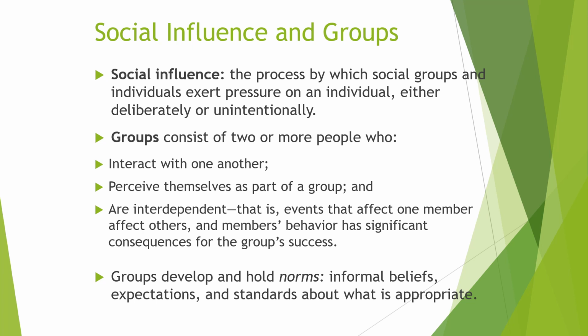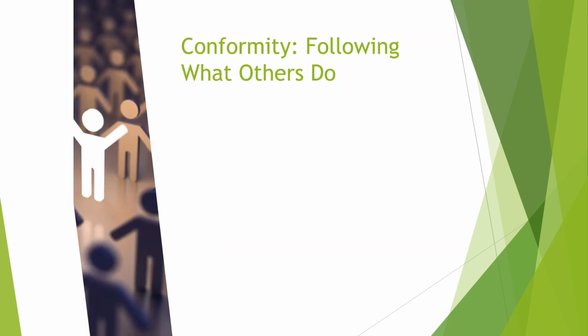Now that we know what social influence is and what a group is, the first part of this module that we want to discuss is conformity, when you follow what others do.